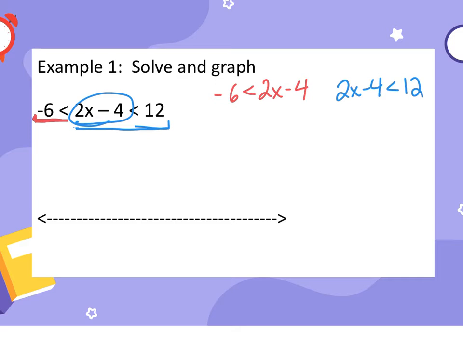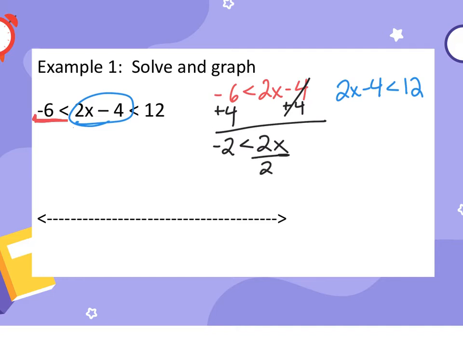So, once we have it split, then we're good to go. We're good to just solve these. So, we'll solve them just like normal, as we did last class. So, the first step is just to add that 4 over, just like if it was an equation, okay? When we do that, these cancel. -6 plus 4 is just going to be -2 is less than 2x. And now, again, we're still getting x by itself, so now we need to divide by that 2.